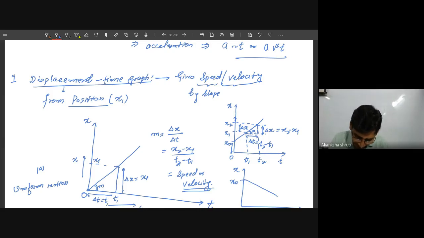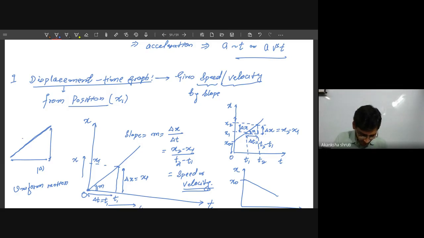So whatever m I have denoted here, this m is called the slope of this graph. Slope means what? If there is anything inclined, any sliding or inclination, then what is the ratio of its vertical end to the horizontal end? It is this one.